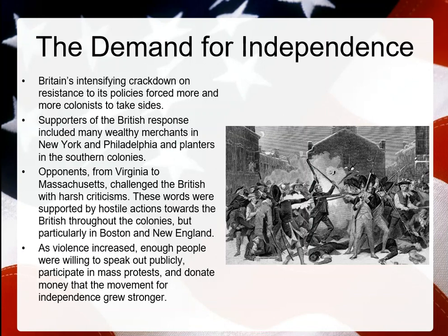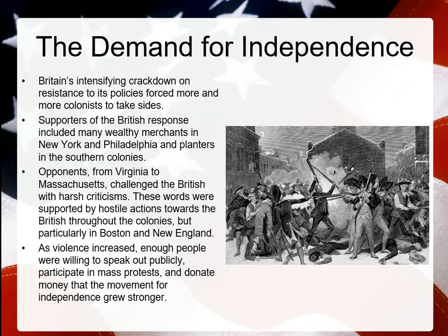Some of them were wealthy. In fact, George Washington is considered likely the wealthiest of all the colonists at that time period, and he was in favor of independence. But a lot of the loyalists have the most ties to Britain and the most to lose, typically.